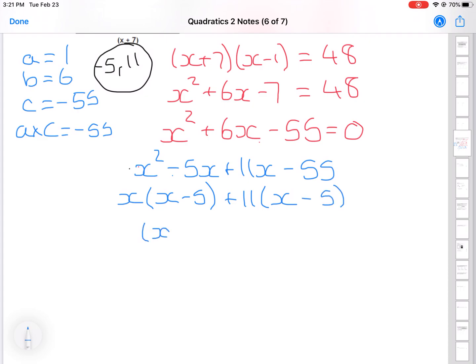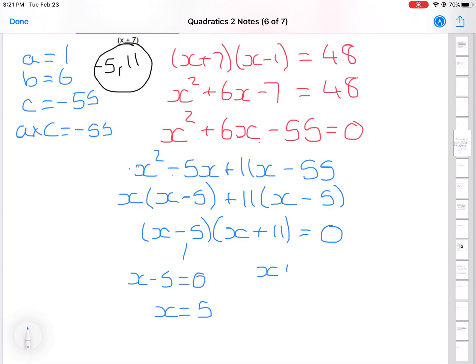The two brackets then are x minus 5 and x plus 11. That has to equal 0. So either x minus 5 equals 0, which would mean x is 5, or x plus 11 equals 0, which would mean x is negative 11.